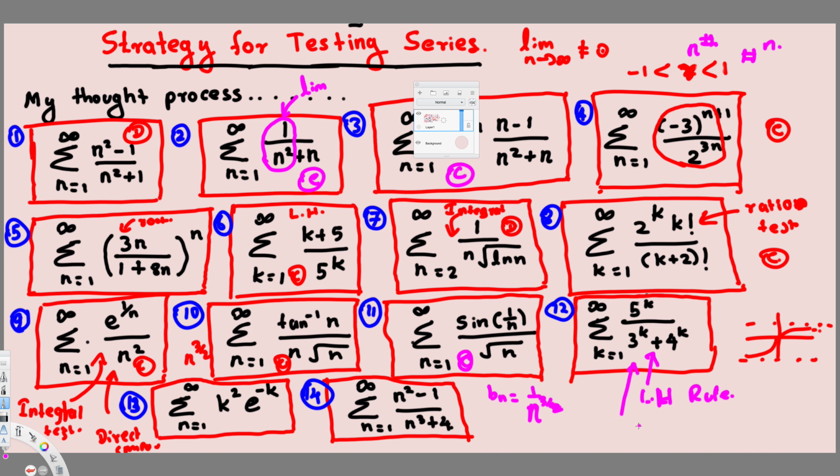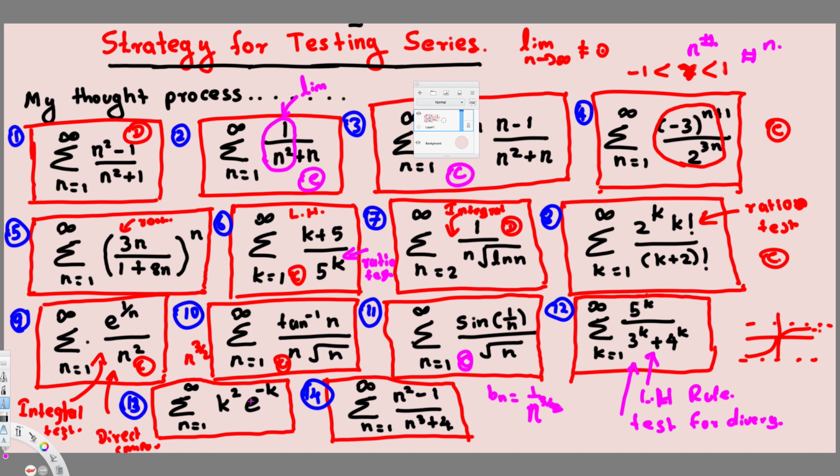So you can use the test for divergence. When I see this, I also remember that if you have an exponential function, you can use the ratio test too. Whenever you have an exponential function, you can use the ratio test.